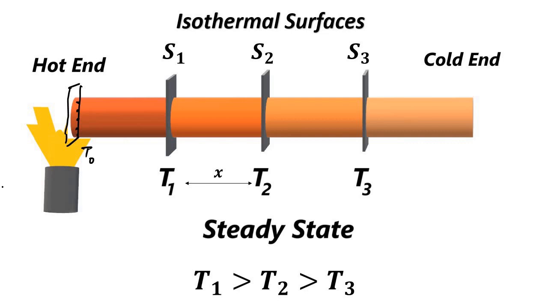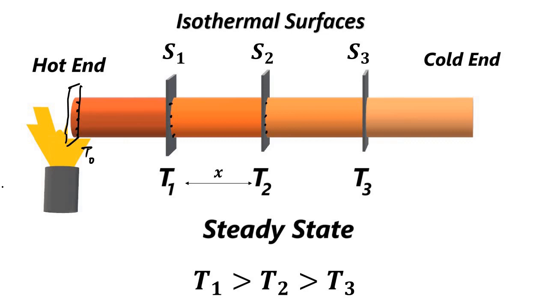Similarly, we take this cross section, okay, so here the temperature of each and every point on it is at temperature T1. Similarly, this cross sectional surface here, the temperature of each and every point located on this surface is at temperature T2, and likewise here T3.